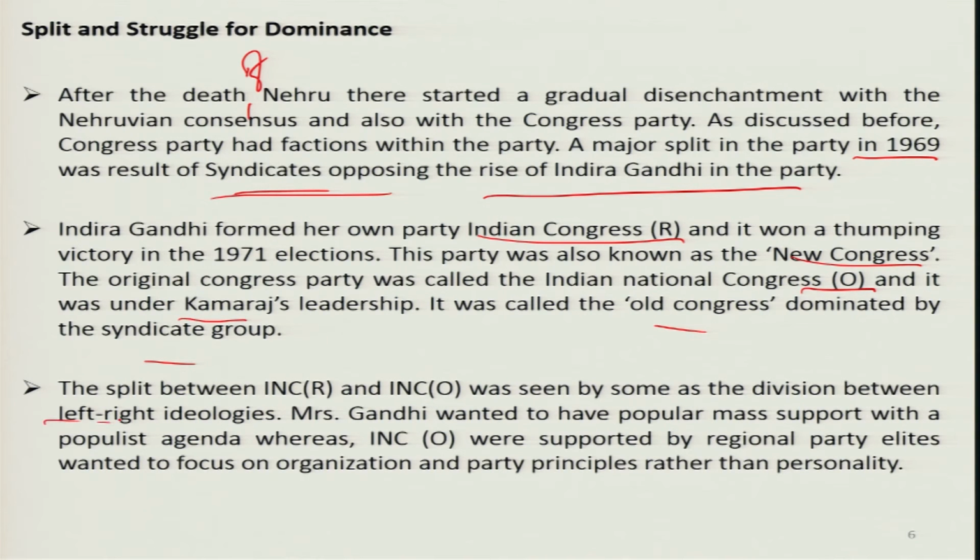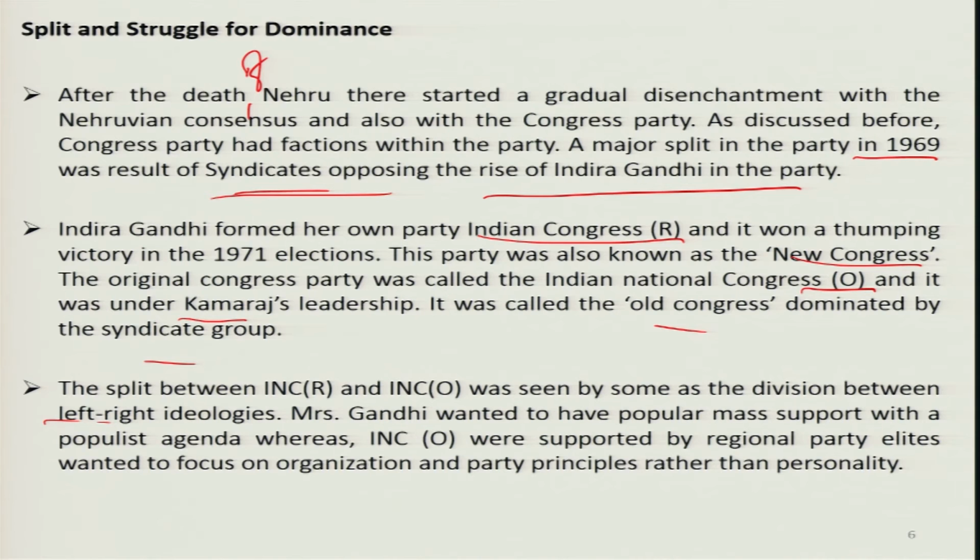So, as we have discussed, ideologically there was the presence of all kinds of views within the Congress platform, which in 1969 became quite explicit, and it led to the split in the party.